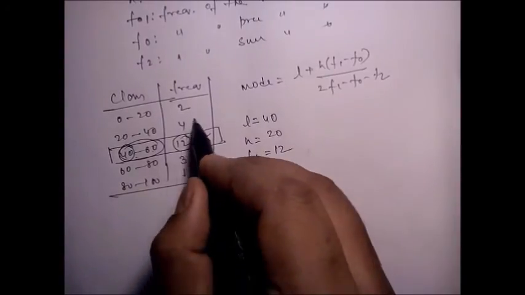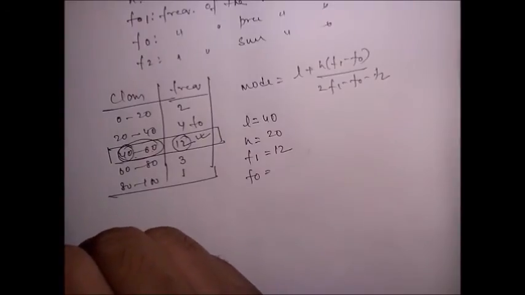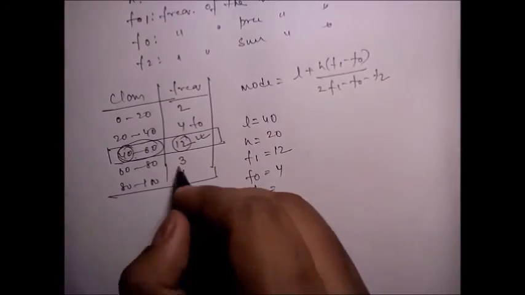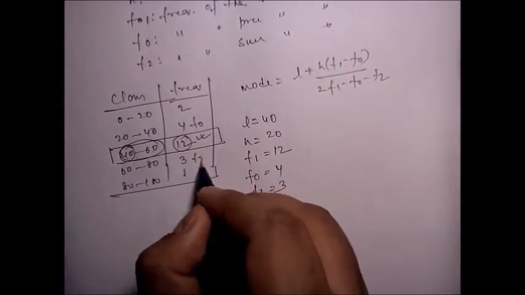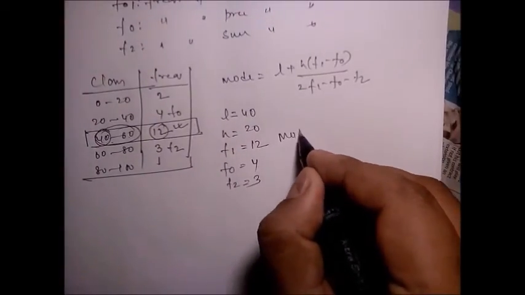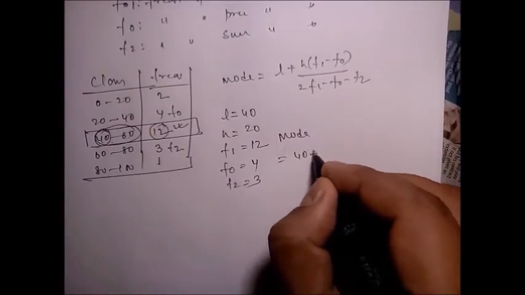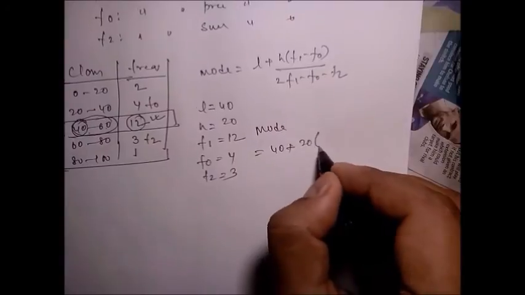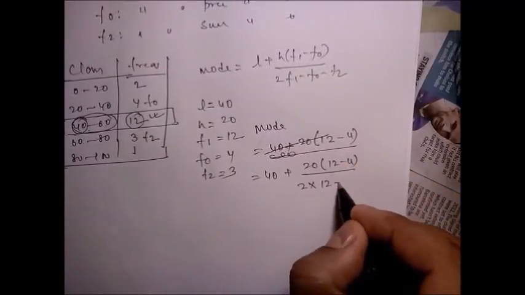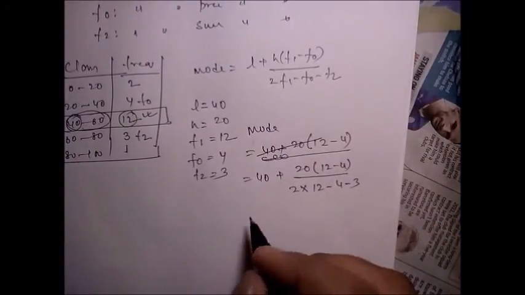What is f0? f0 is the frequency of the class preceding the modal class, so 4. And what is f2? It is 3. So what is the mode? Mode is equal to L, that is 40, plus H, which is 20, times (f1 minus f0) divided by (2 times f1 minus f0 minus f2), that is 12 minus 4 is 8, over 24 minus 7.